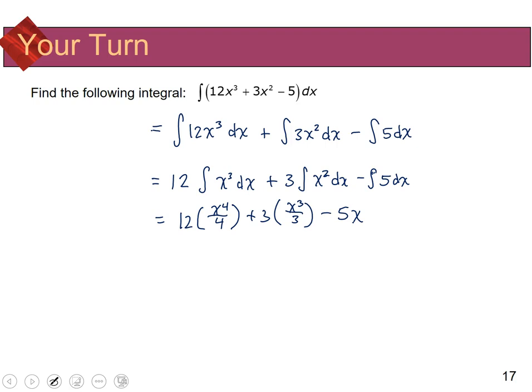That's just a constant, so I end up with 5x plus c. And now I simplify. I end up with 3x to the 4th plus x cubed minus 5x plus c.